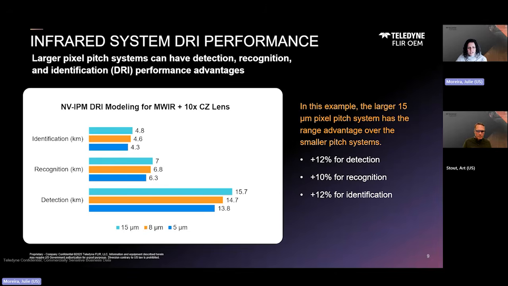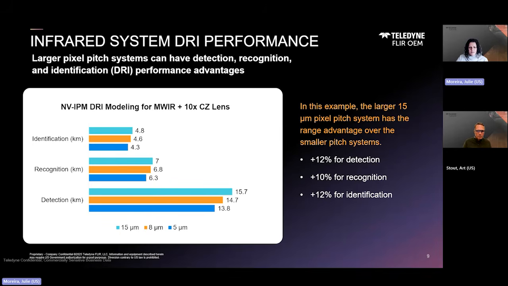A conservative reduction in signal to noise was used for the 5 micron, 8 micron, and 15 micron pixel pitch systems. And I held detector diffusion MTF constant, which gives an unrealistic advantage to the small pitch system. And all other parameters were held equal, so target, atmosphere, camera spectral transmission, display, etc.